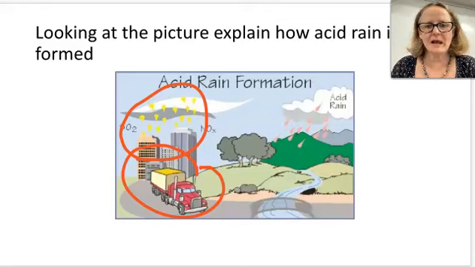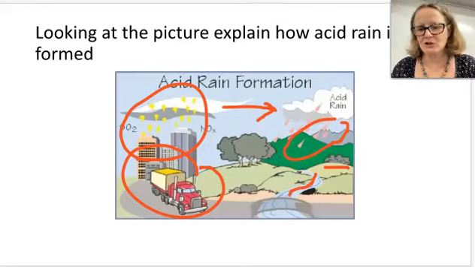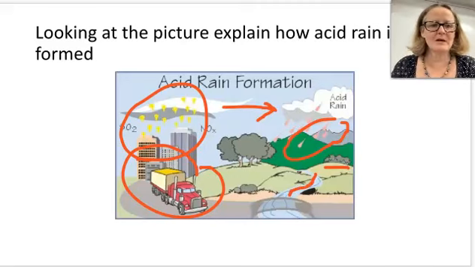They dissolve in clouds. The clouds move over landscapes, and the rain that falls is acidic and will affect the plants and the waterways, and it'll eventually go into the oceans and cause effects there. So let's have a look at the kinds of pollutants that we can find.